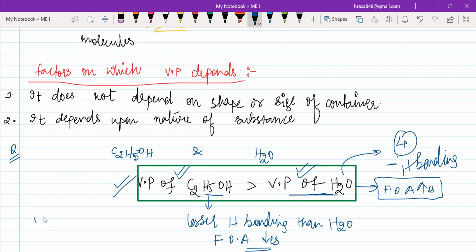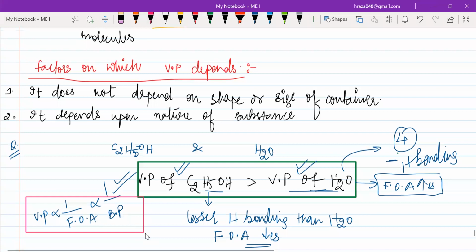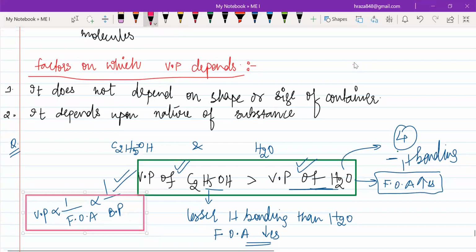So we can also write vapor pressure is inversely proportional to force of attraction and inversely proportional to boiling point as well. If the vapor pressure is inversely proportional to boiling point, that means if a substance has more vapor pressure, it will have a lesser boiling point.